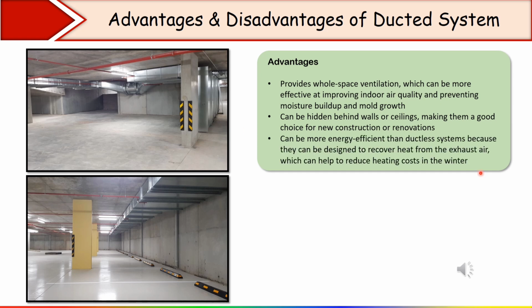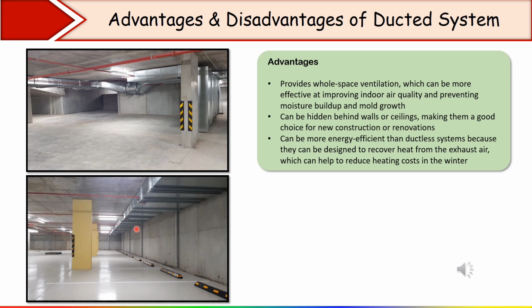Now the second benefit of using this system is that it can be hidden behind walls or ceiling. Generally in a basement we do not have a ceiling, but suppose a ceiling is there, then the ducts can be hidden behind the wall or ceiling, making them a good choice for new construction or renovation.